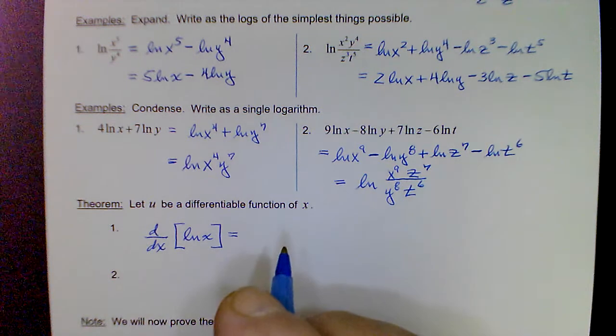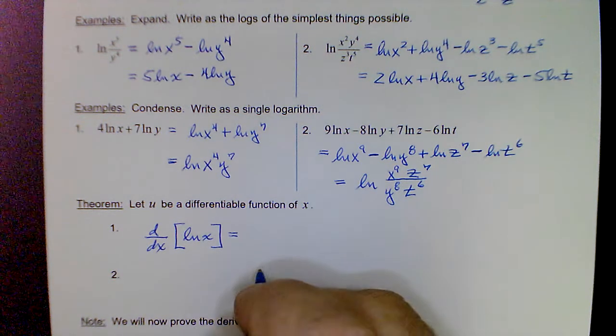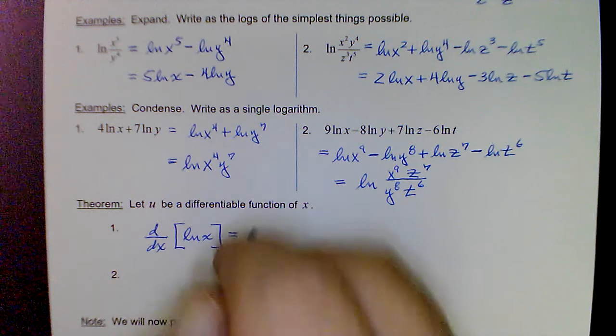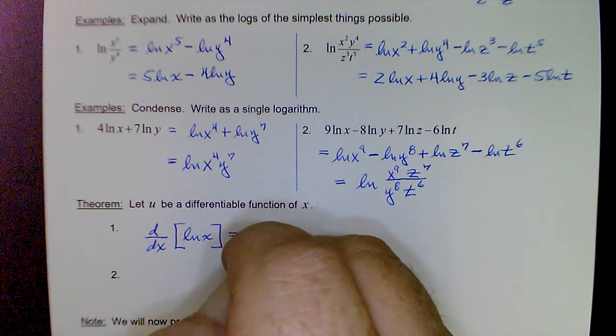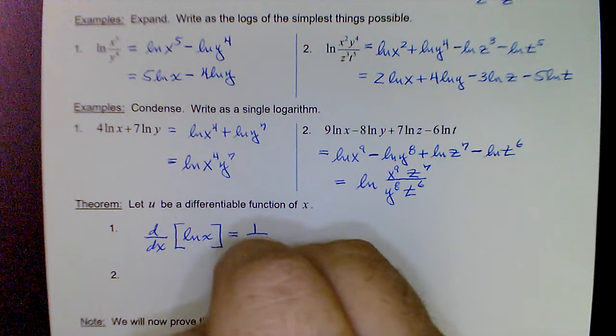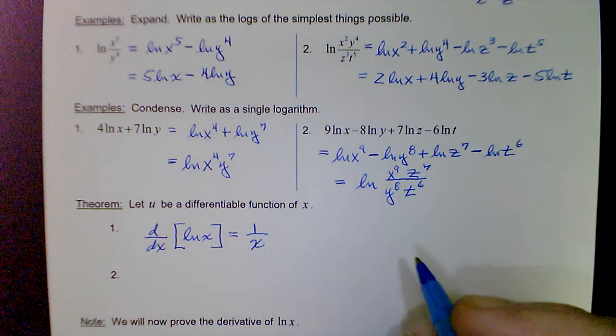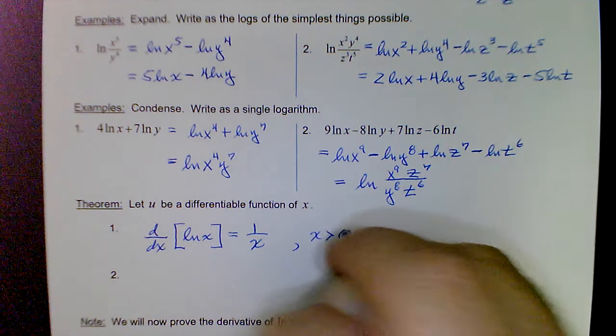And it turns out, and we're going to prove it momentarily, that it comes from the definition, or it's a consequence of the definition of the natural log as the definite integral that we saw a little bit ago, that it turns out to be 1 over x. And this is provided that x is greater than 0.